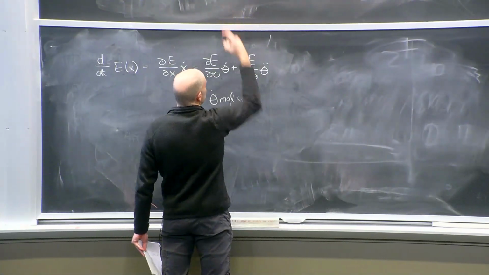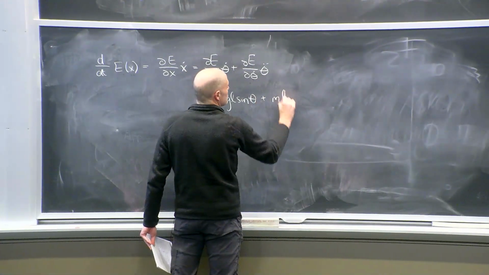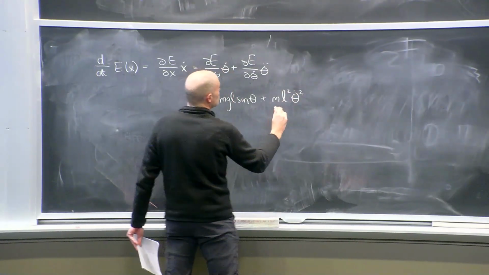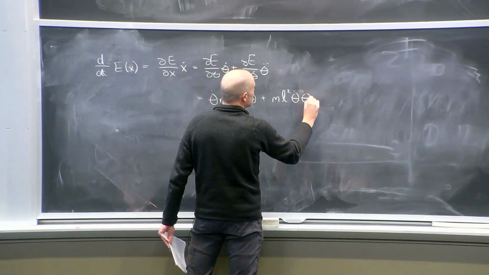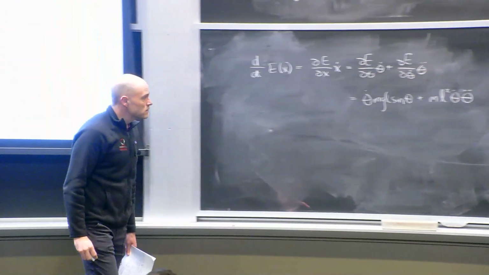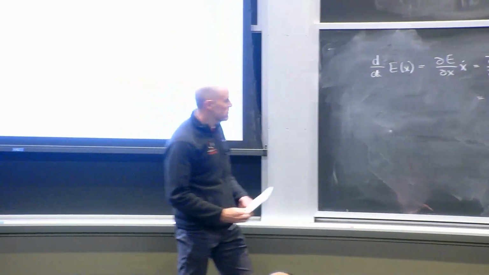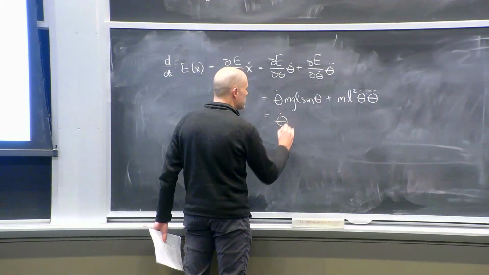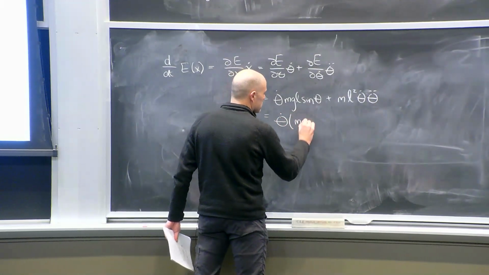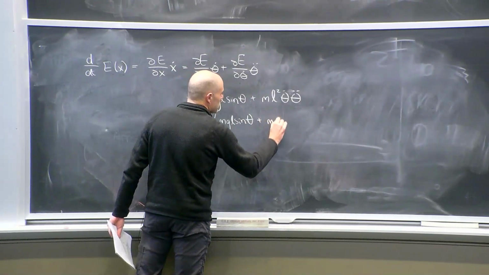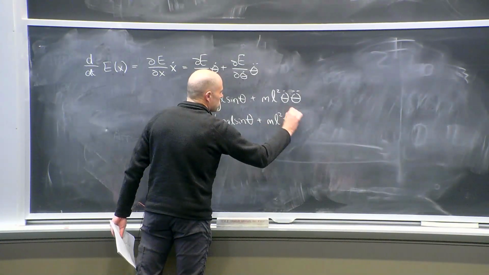I get the 2 cancels that, plus ml squared theta dot times theta double dot. Right? So let me write that slightly differently. Let me write that as theta dot times (mgl sine theta plus ml squared theta double dot).